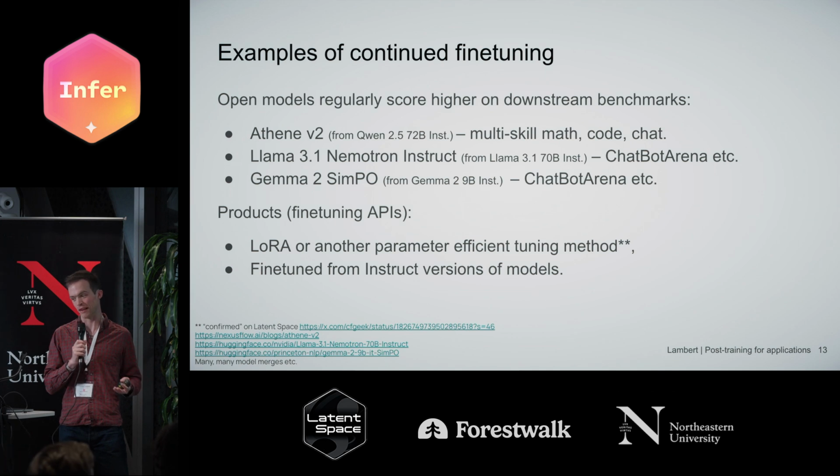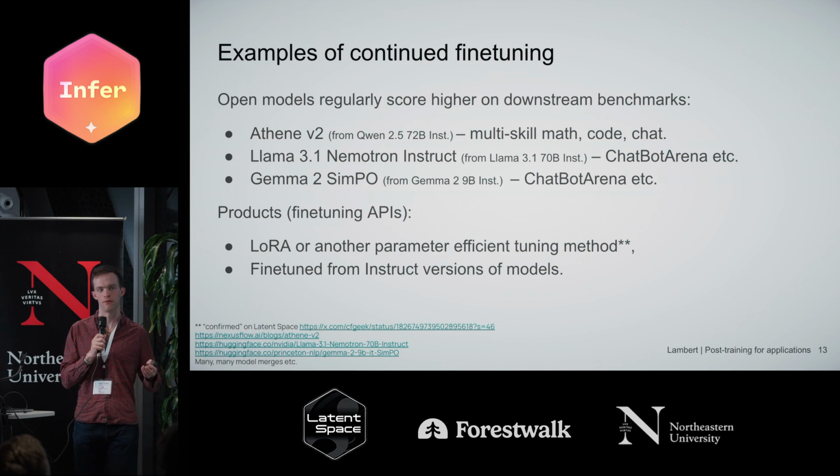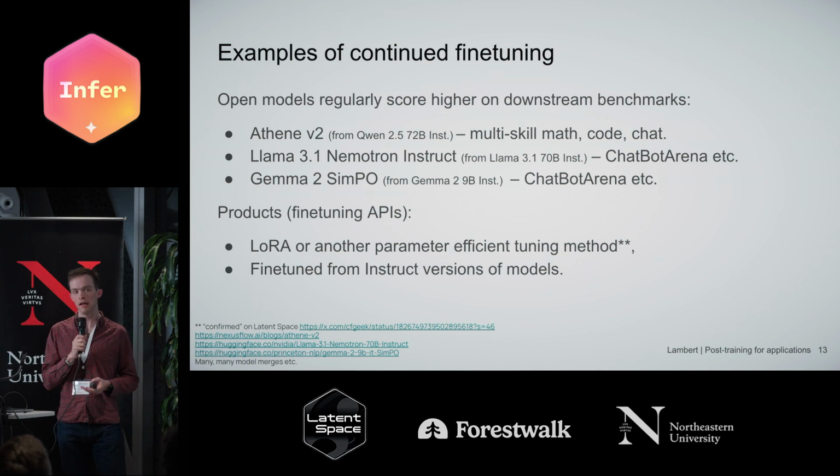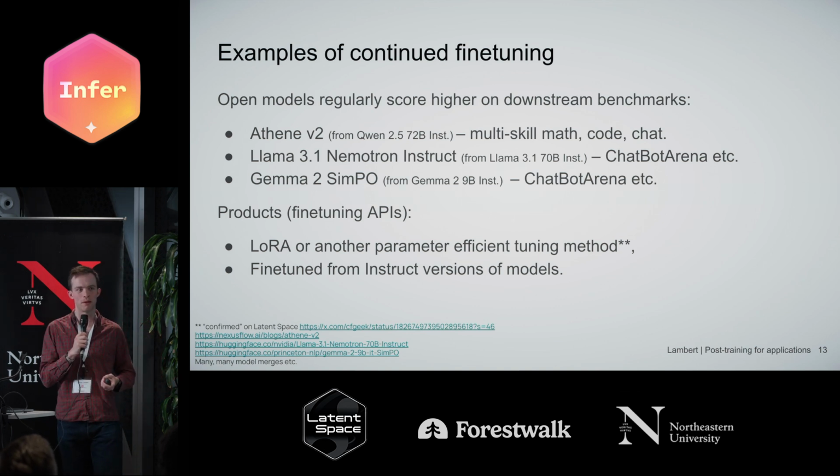I should talk to more people that are using these, but largely if you use the OpenAI fine-tuning API, it's doing something like a LoRA, a parameter-efficient fine-tuning in the background, and they are also fine-tuning from instruct models. So it's good to take inspiration from what these closed companies are doing, because they probably know what they're doing for some things, and don't try to reinvent the wheel of redoing the whole research pipeline when you're training these models.